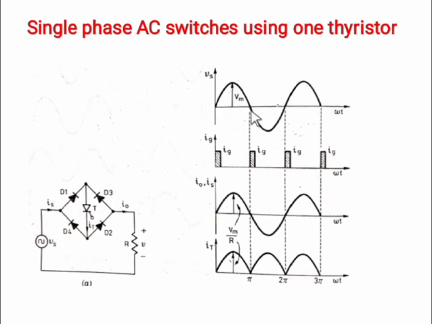And in the negative cycle, current will flow from load to diode D3 to thyristor T, and T to D4 to source. So thyristor T remains in forward bias condition during both cycles, positive as well as negative.